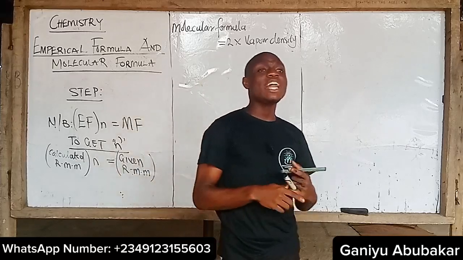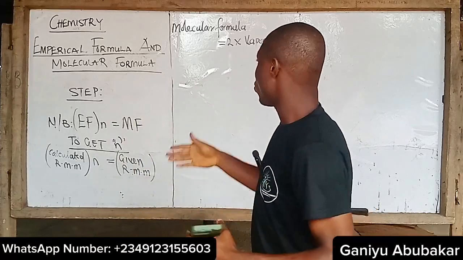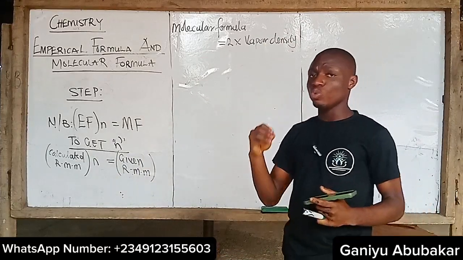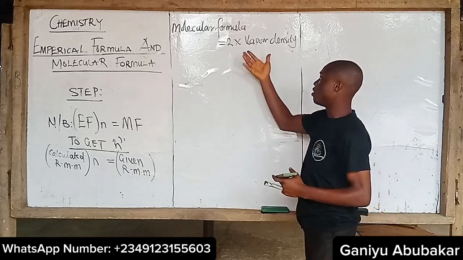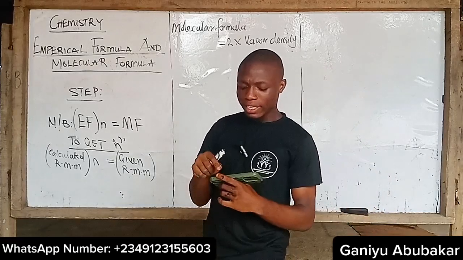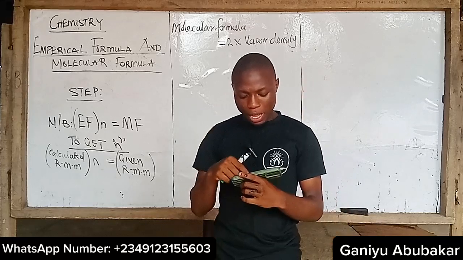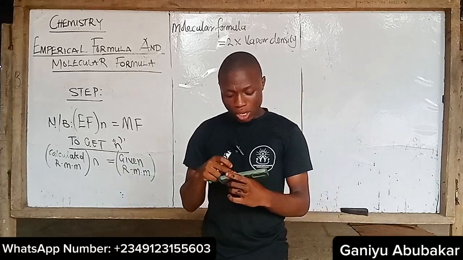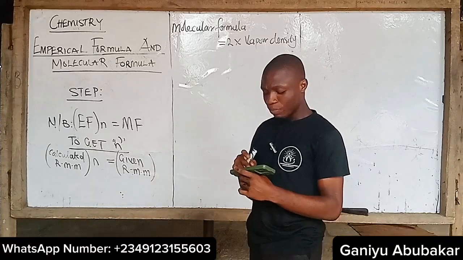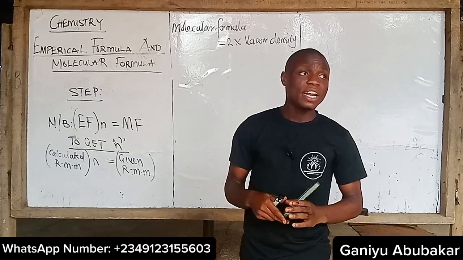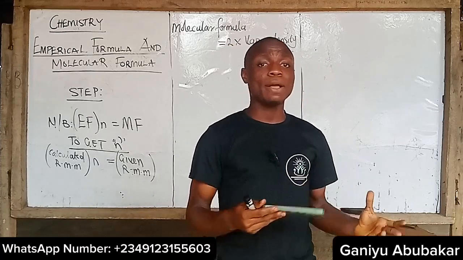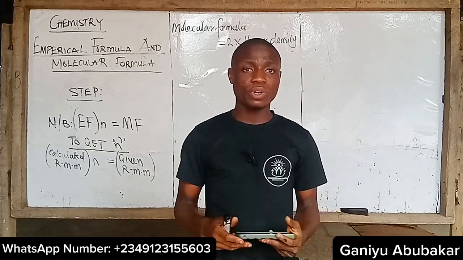So note that another expression to calculate molecular formula is that you multiply 2 by the given vapor density. This is like the stuff we need to be familiar with when it comes to the study of empirical formula and molecular formula. All right, with all this idea, let us solve some JAMB and WAEC past questions and let's see what we can do.